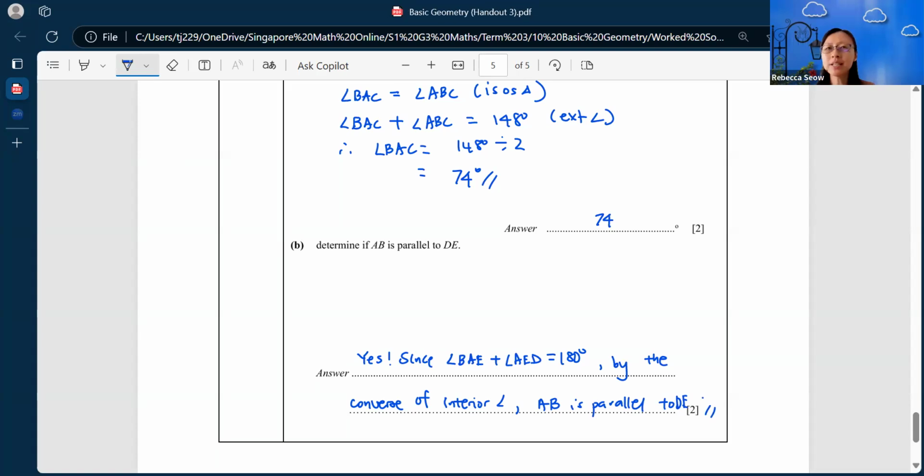Right, so we've come to the end of Handout 3. I hope that it has been useful for you. There are minor pauses here and there. Actually, it's to allow you to look at the question on your own and independently try to spot certain angles that you are able to find based on the angle properties. Now, you may notice that your observations might not be the same as my observations.